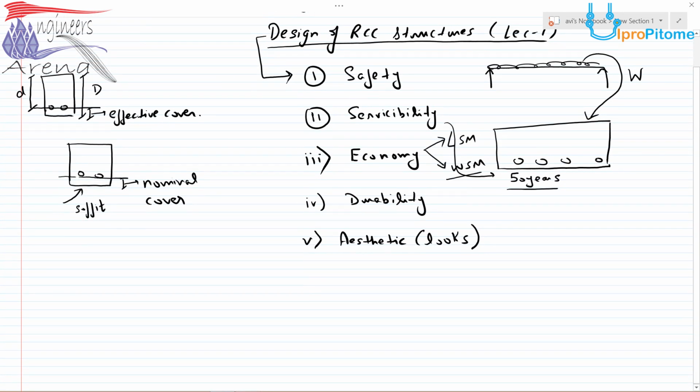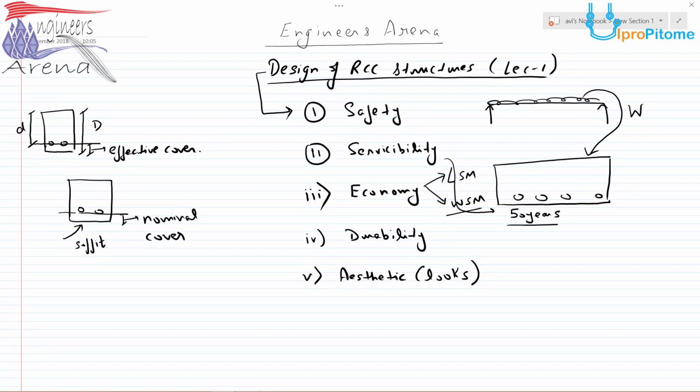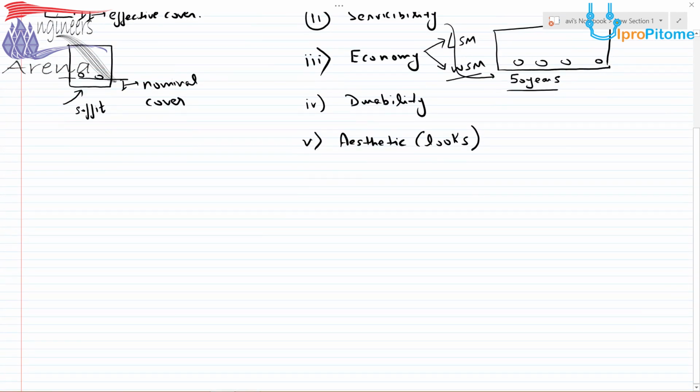Now, what are we studying? RCC structure. Let us first know what RCC is. You must be knowing this. Suppose this is a beam, and we are providing reinforcement over here, and loading is done from the top.